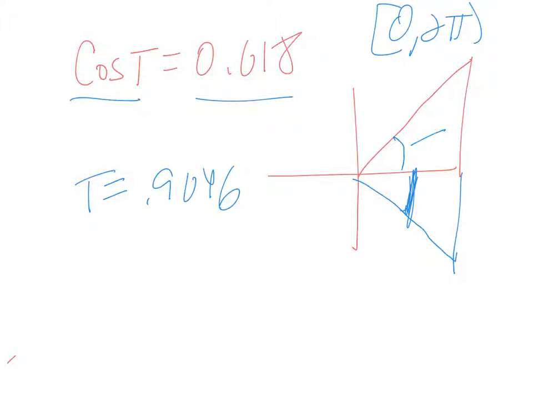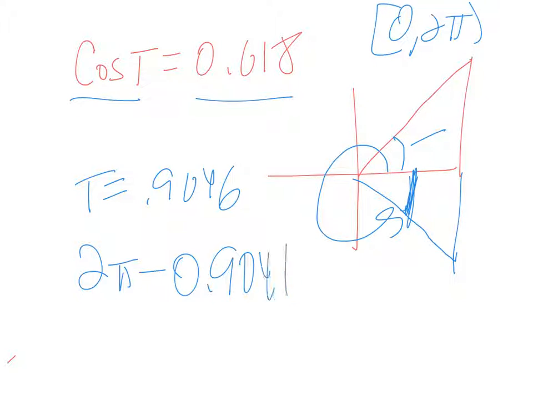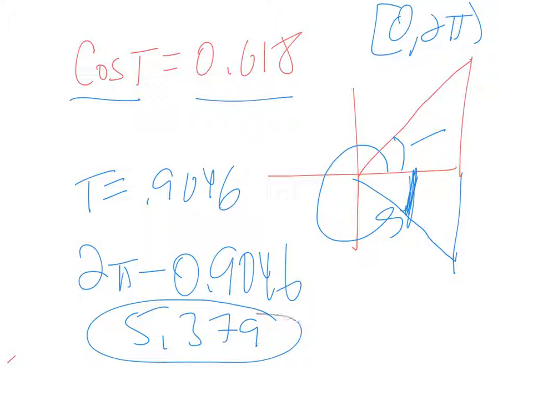So I don't want to say negative 0.9046, so I'm going to have to take that value away from 2 pi. And that'll be that other solution. And you can always graph it to make sure you're right. So 5.379 I'm going to round to. So those are the two solutions on 0 to 2 pi.